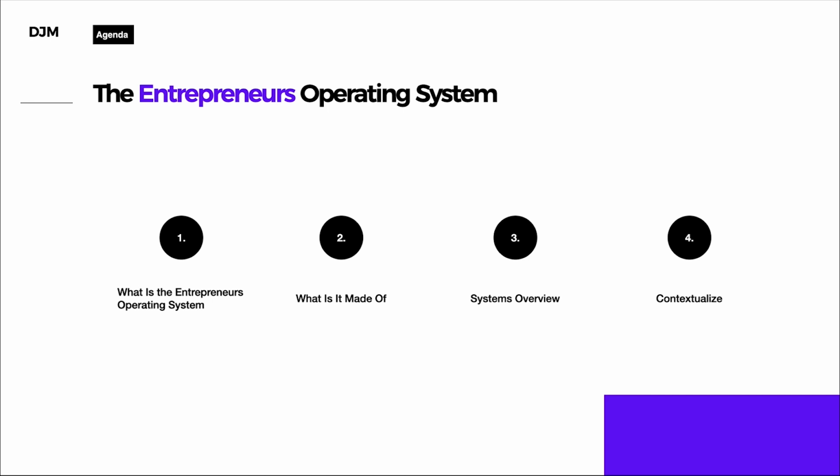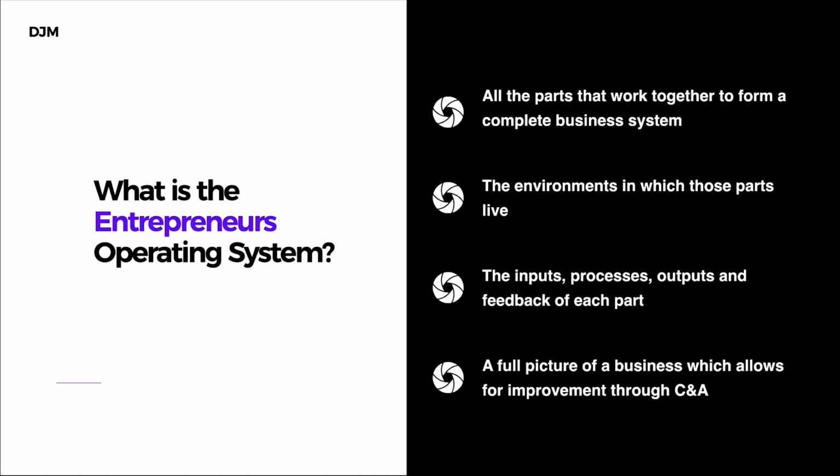So, first of all, what is the Entrepreneur's Operating System? The Entrepreneur's Operating System is all the parts that work together to form a complete business system. So when you think of a business, you think of having a product and you sell that to someone because it fulfills a need in their life, but there are way more things than just that.